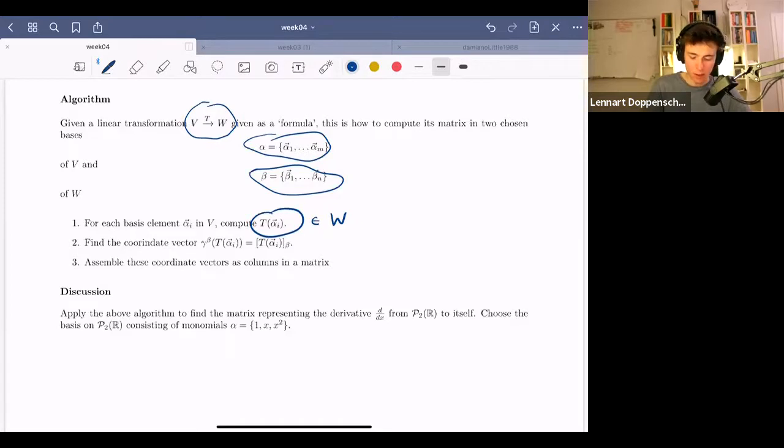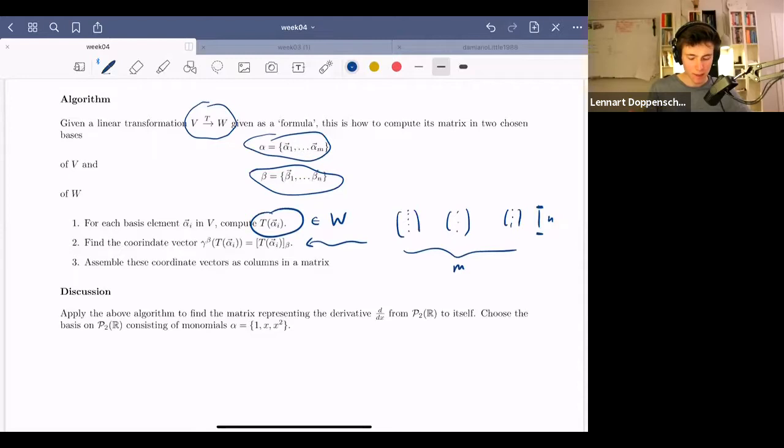Find the coordinate vector of these vectors, and then you'll get n-tuples. Notice that m and n are different. So the size of them is going to be m, and you will have exactly n of them.